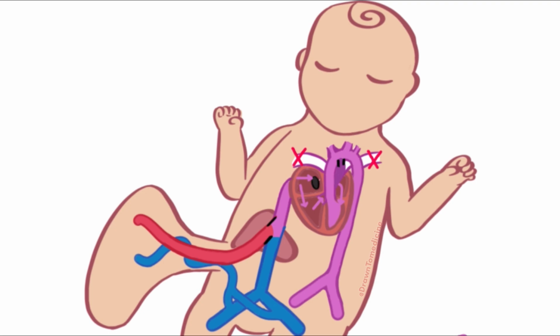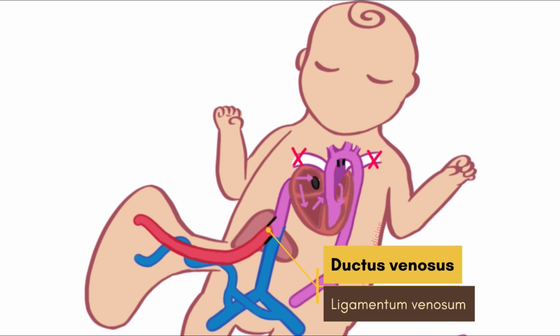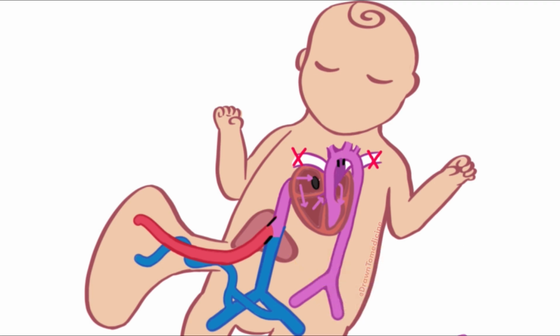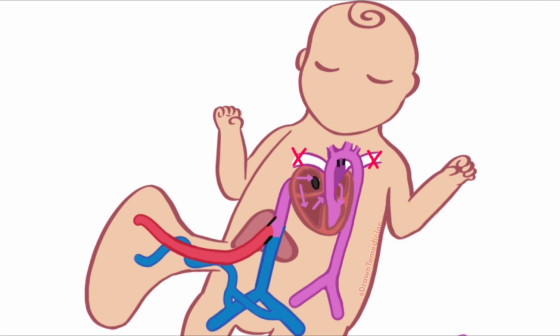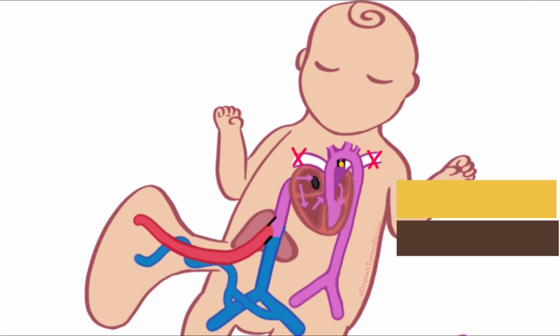So for example, the ductus venosus becomes ligamentum venosum. The foramen ovale becomes fossa ovalis, and the ductus arteriosus becomes ligamentum arteriosum.